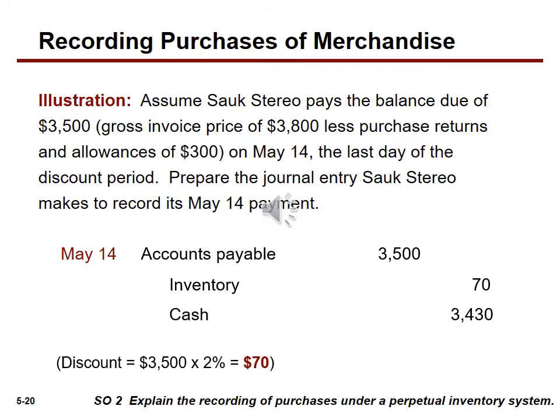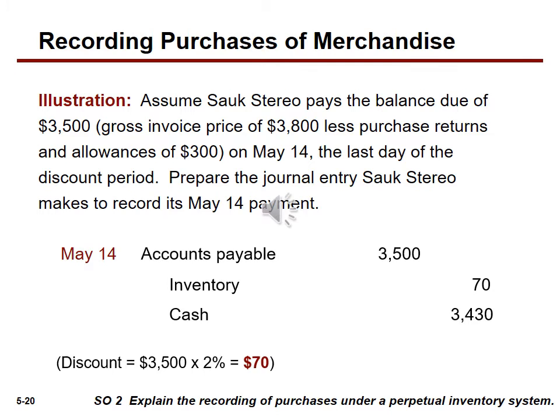But since we have returned products worth $300 in the previous transaction, now we're only going to be paying for 3,800 minus 300, which is the amount of products that we have returned. The payment is going to be on May 14th, the last day of the discount period. Okay, so meaning that we, as accountants of Souk Stereo, are going to account for a 2% discount.